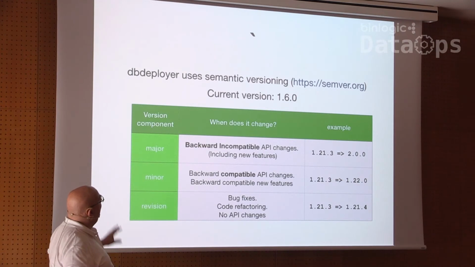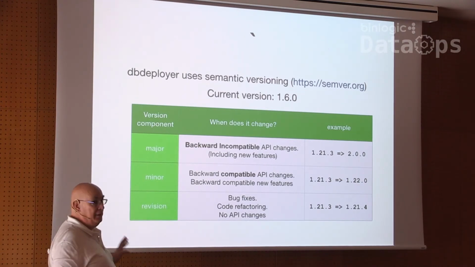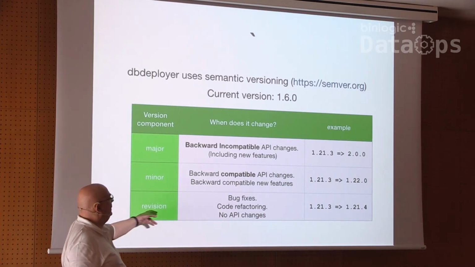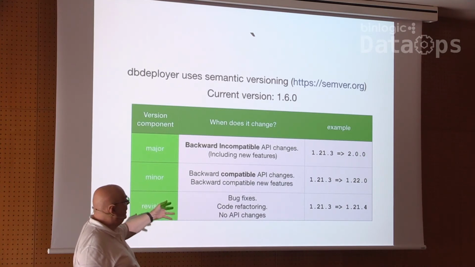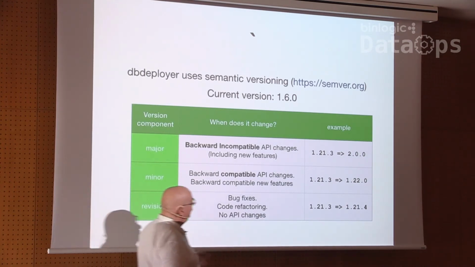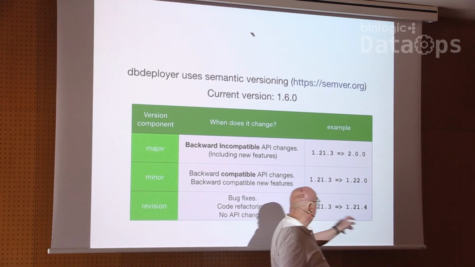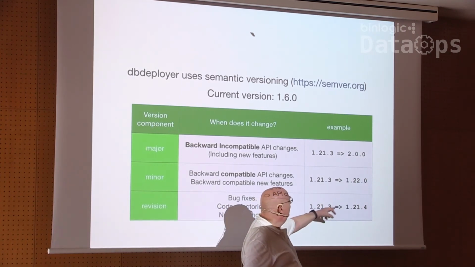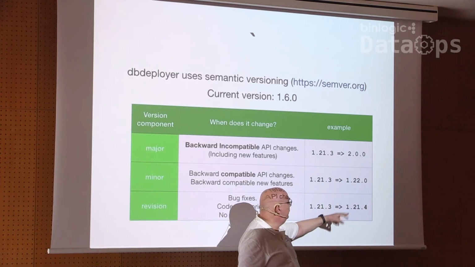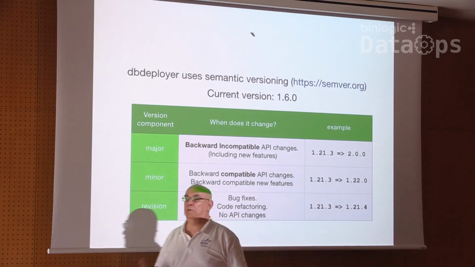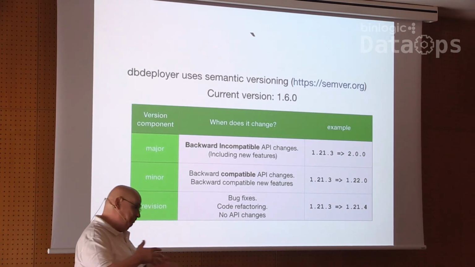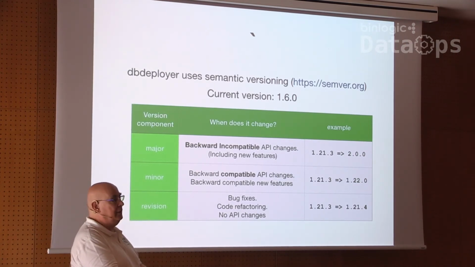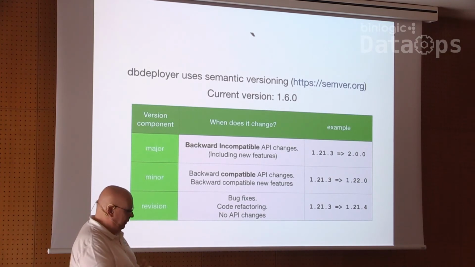I use something that is called semantic versioning, meaning that if I just do a bug fix, then it goes from the current version changing only the last number. So 1.2.1.3 becomes 1.2.1.4. This means if you see this kind of change, you say, okay, nothing to be worried about. Maybe if this bug doesn't affect me, I won't even download it.